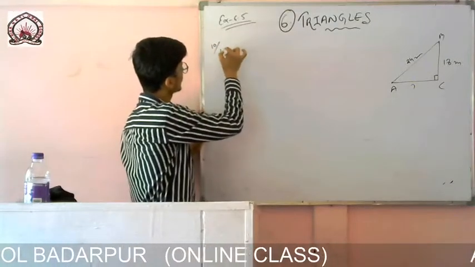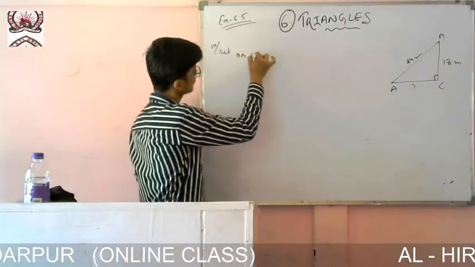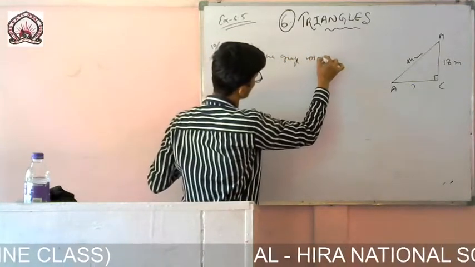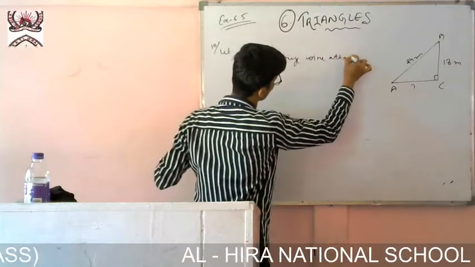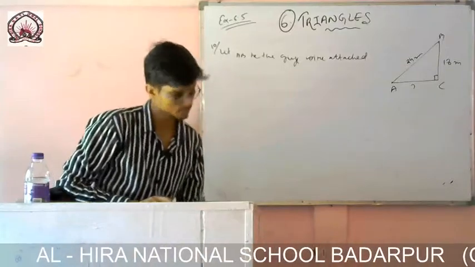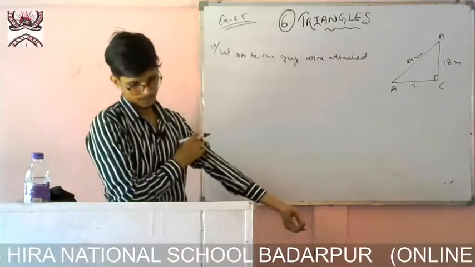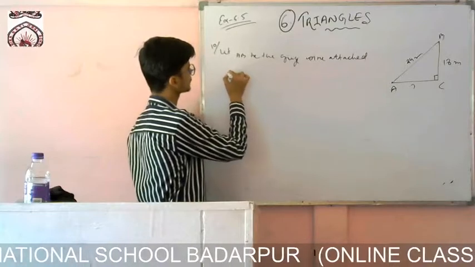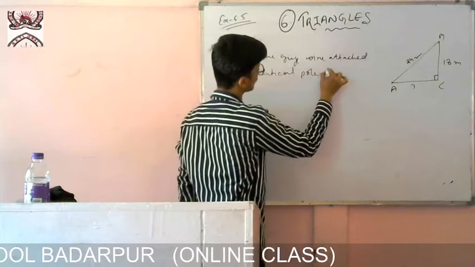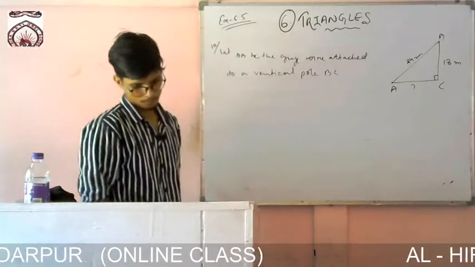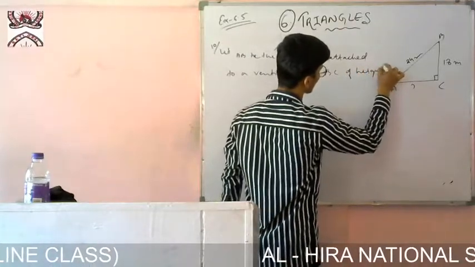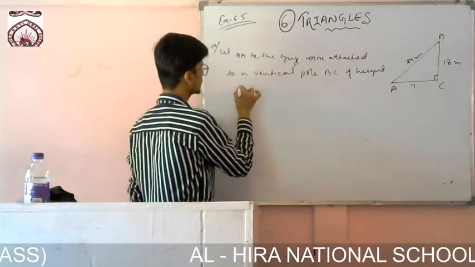Question number 10. Let AB be the guy wire attached to a vertical pole BC of height 18 meter.